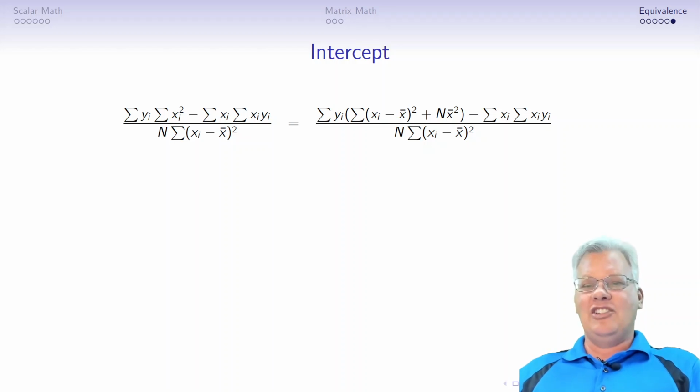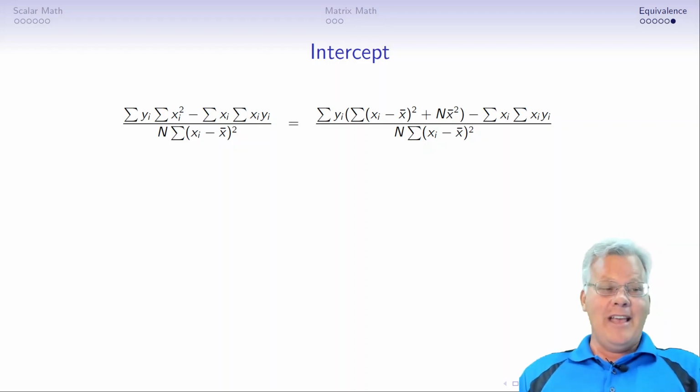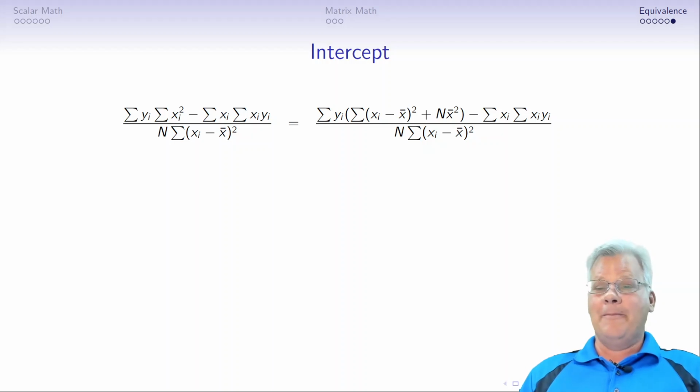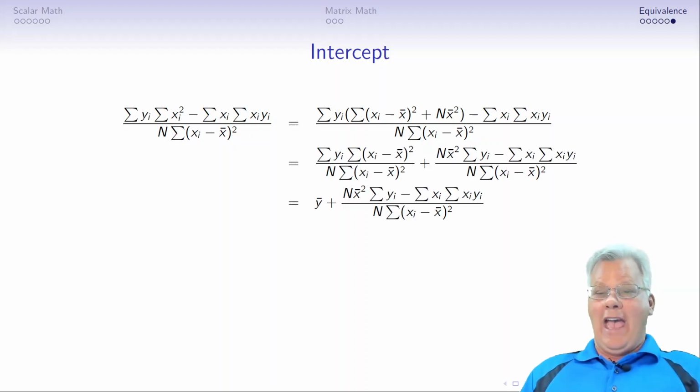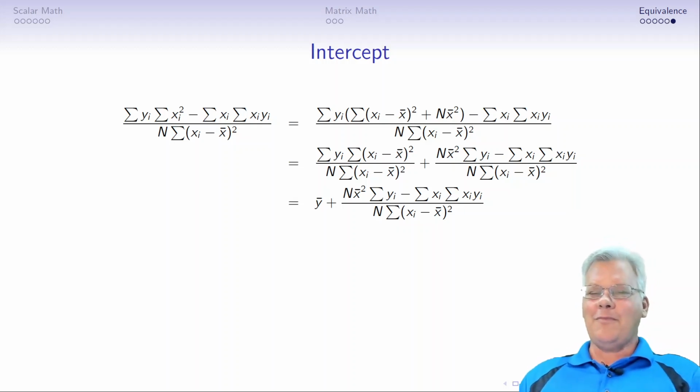The sum of the xi squared, I claim, is equivalent to the sum of xi minus x bar quantity squared plus n times x bar quantity squared. The reason why those are equivalent is I'm in essence adding and subtracting x bar, which of course is allowable, right? The reason why I'm going to do that is I am now going to move that last term, the n x bar squared, from the first additive expression to the second one, right?